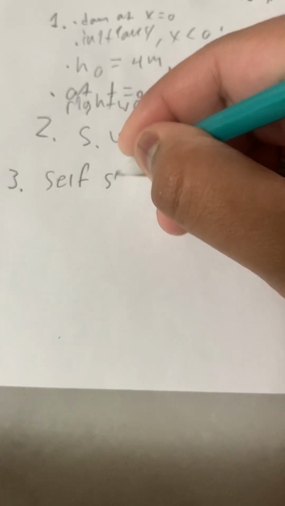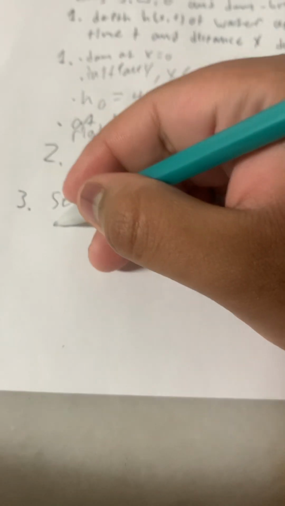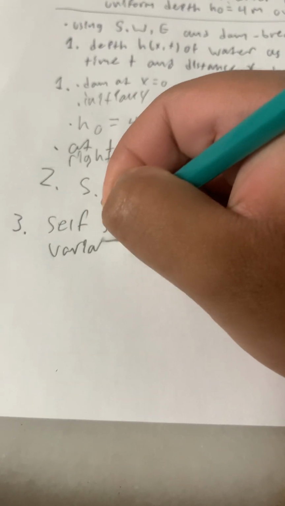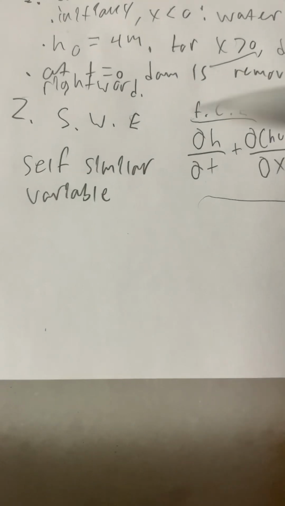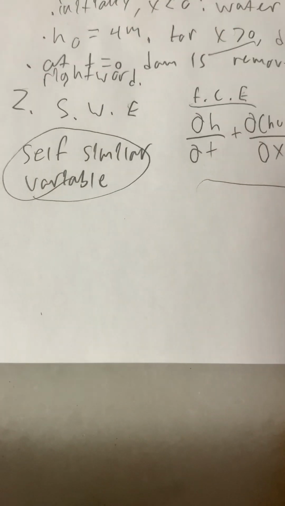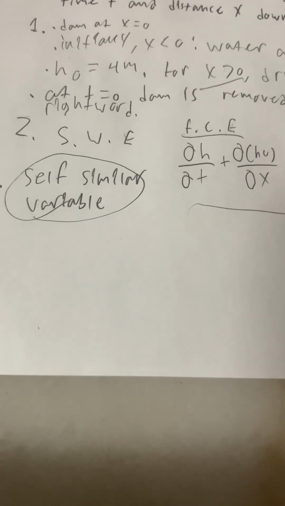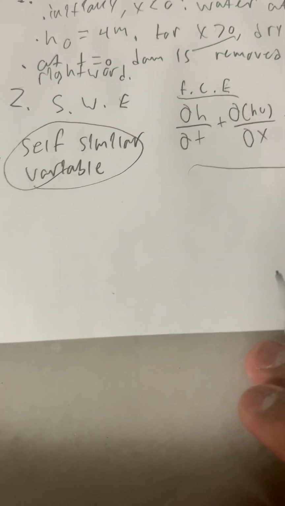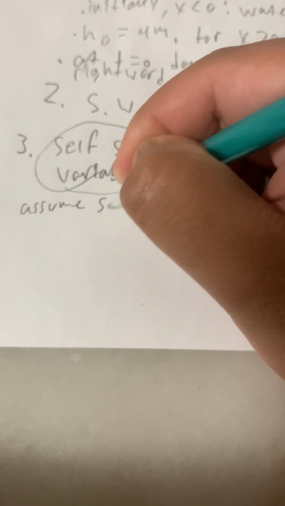For step 3, we're going to need a self-similar variable. I don't know if you've learned what that is. I haven't learned what that is, I am just going through my notes because I don't know what that is yet. Okay, so let's assume the solution is self-similar.